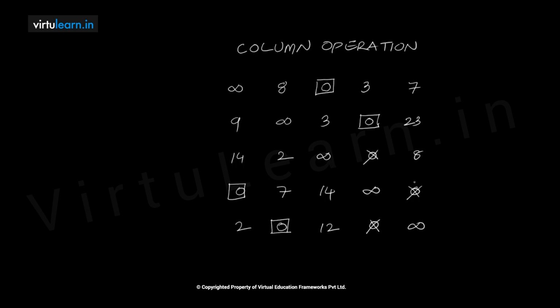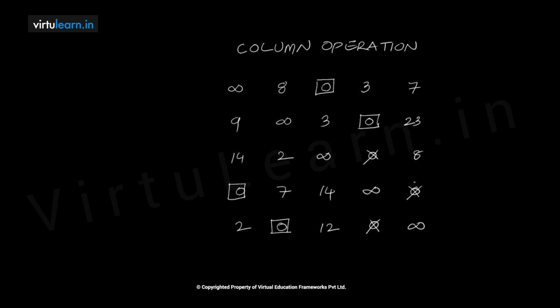Elements through which one line passes, elements through which no line passes, and elements where 2 lines pass. That means there is an intersection of lines.